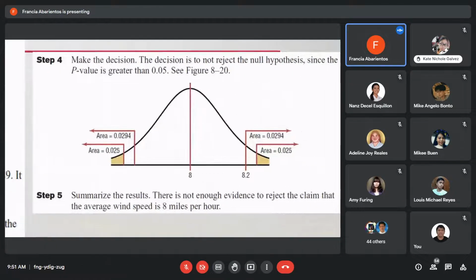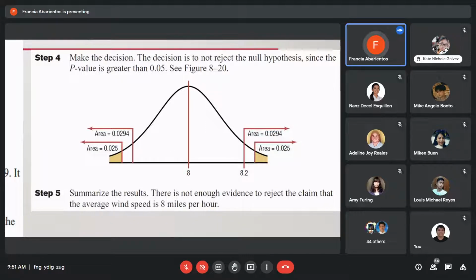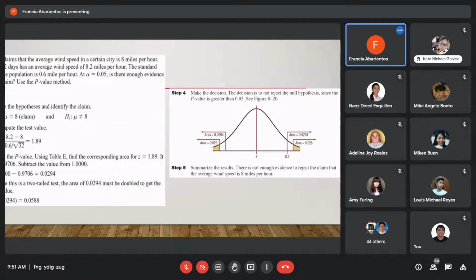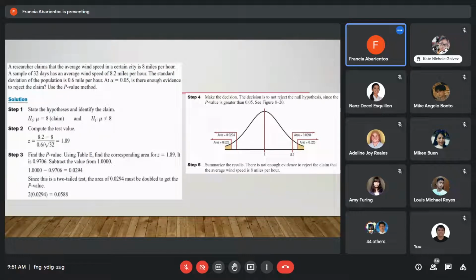Ayan. In making the decision, the decision is to not reject the null hypothesis, kasi yung nakuha nating p-value natin is greater than the level of significance natin. Given naman sa atin yung alpha, di ba?